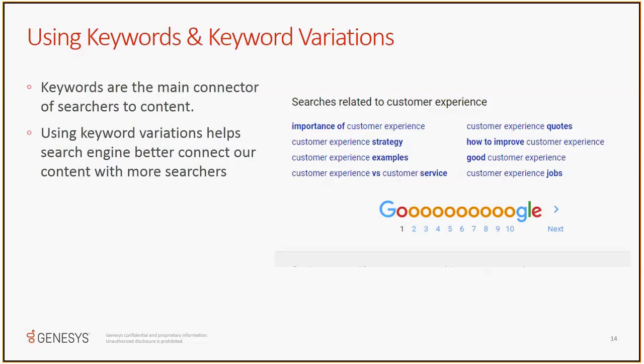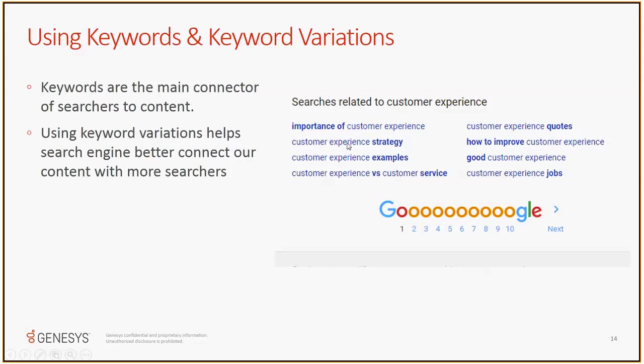So let's just say that this person who is looking for customer experience, again, is just not satisfied with what they're looking for. So they scroll down all the way to the bottom of the page right before they can move on to page 2, and Google has placed this really awesome snippet which tells the searcher other related searches to customer experience. So let's just say they think, oh, customer experience strategy.